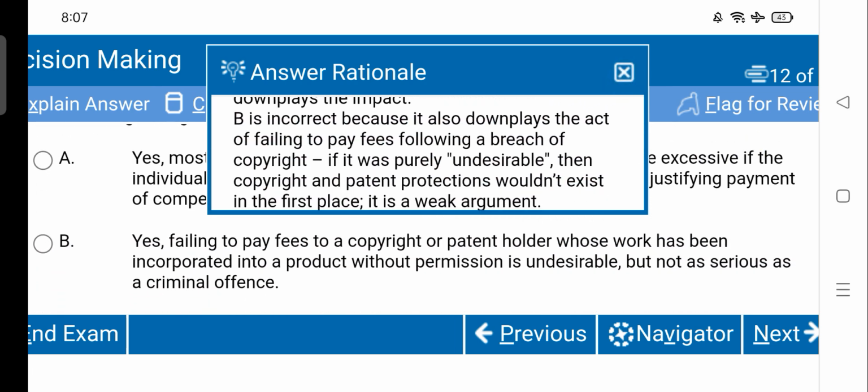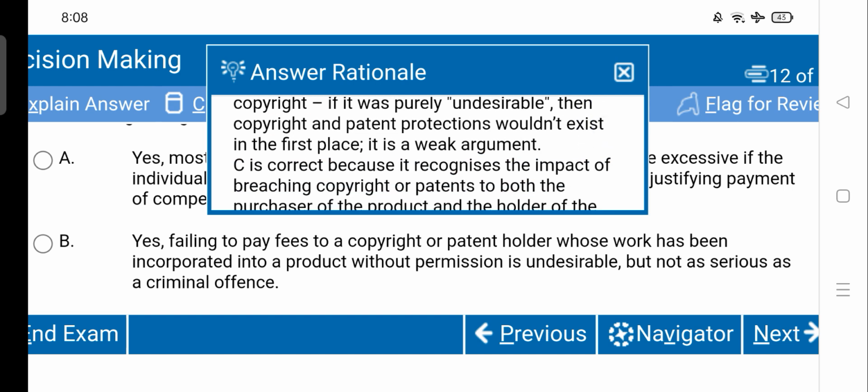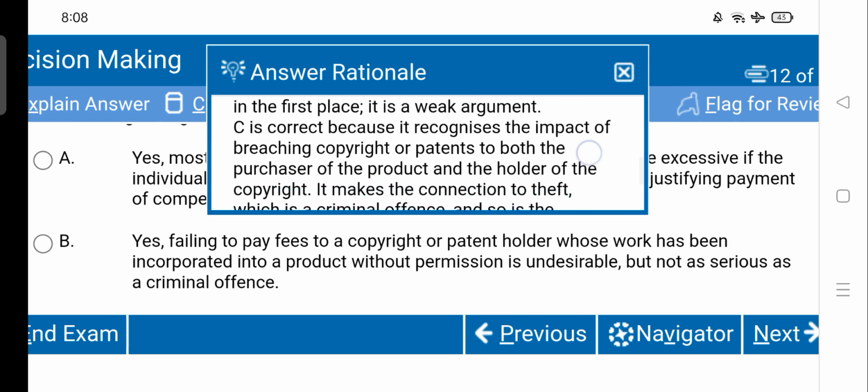B is incorrect because it also downplays the act of failing to pay fees following a breach of copyright. If it was purely undesirable, then copyright and patent protections wouldn't exist in the first place. It is a weak argument.